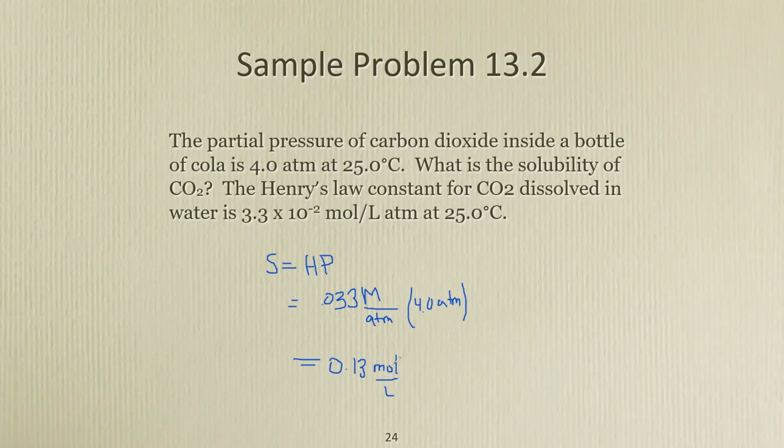So if we wanted to go moles to gram, then we would just have, for carbon dioxide, 44.01 based on 1 carbon and 2 oxygens over 1 mole. So we just want to make sure that the moles are opposites there, so they cancel, and then we're just left with grams per liter.